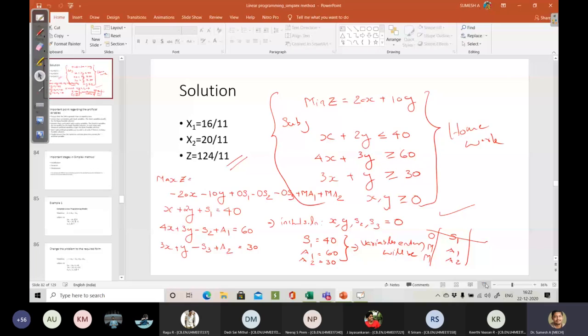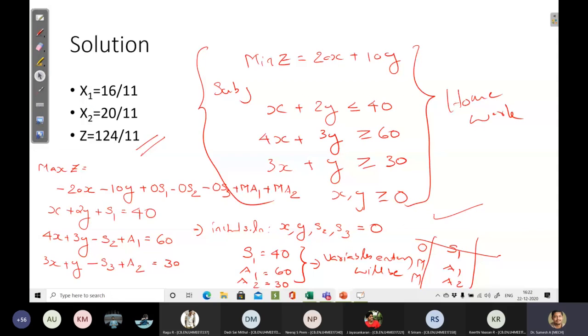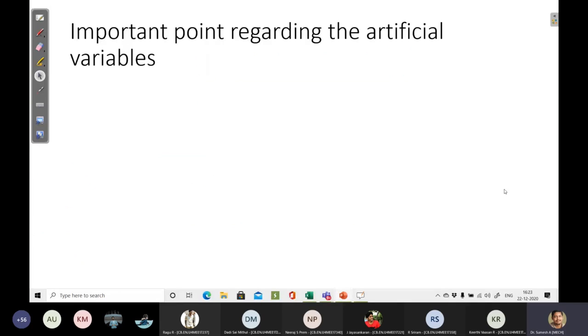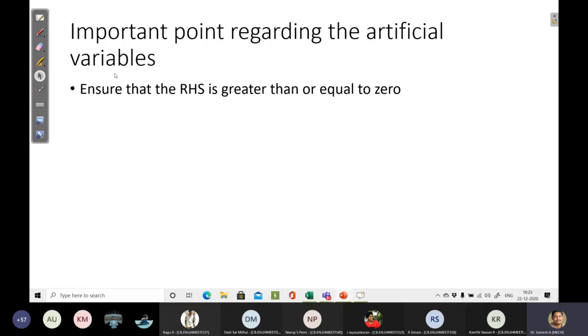Important points regarding the artificial variable. Point number 1, ensure that the RHS is greater than or equal to 0. In the morning we did a problem by converting a constraint so that the RHS is greater than or equal to 0. Next, for a lesser than constraint, add slack variables. The slack variables qualify for the basic feasible solution.